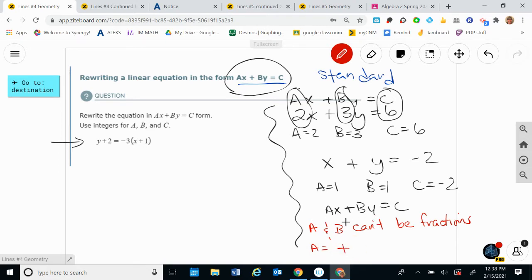We typically make A positive. That means that if you have a fraction, you end up having to multiply by the least common denominator to get rid of it. Or if A is negative, you usually have to multiply everything by -1.